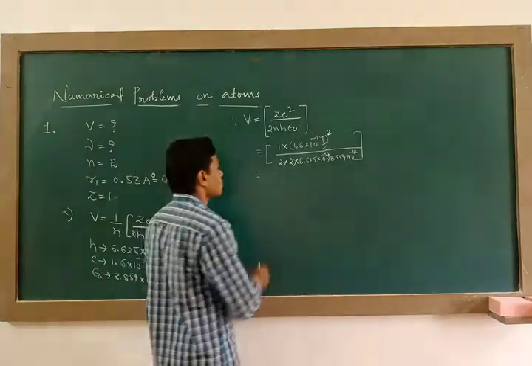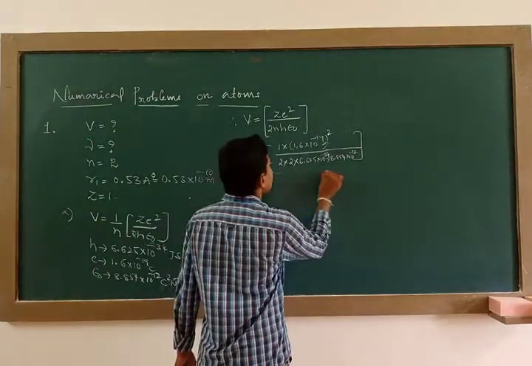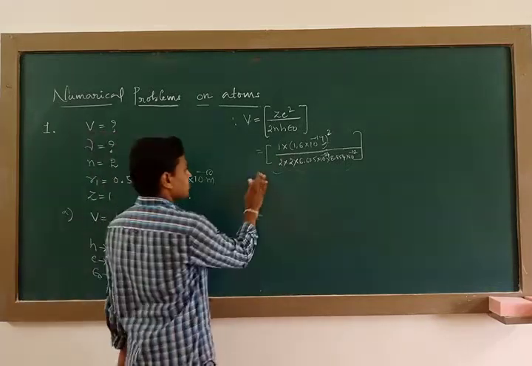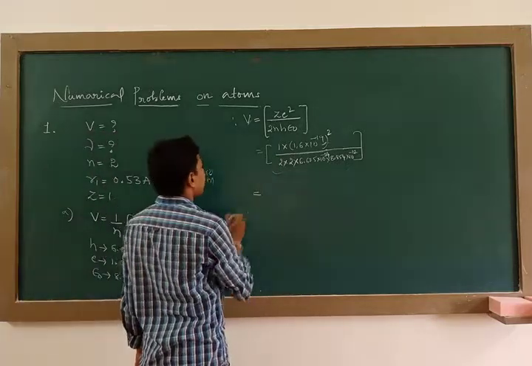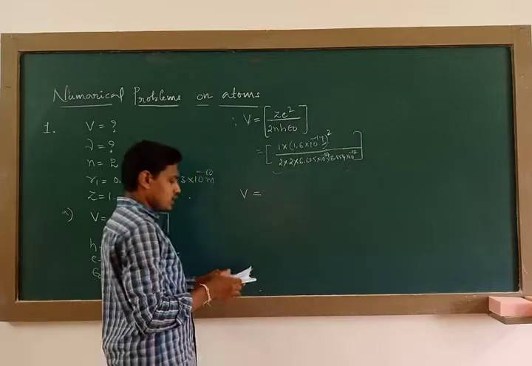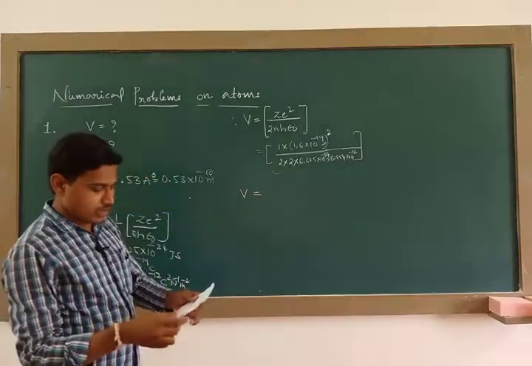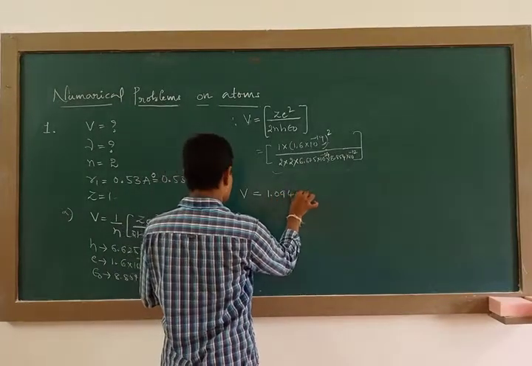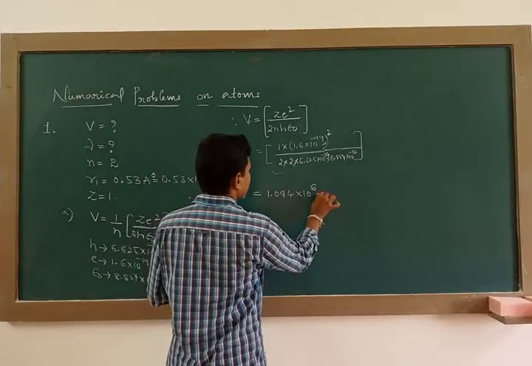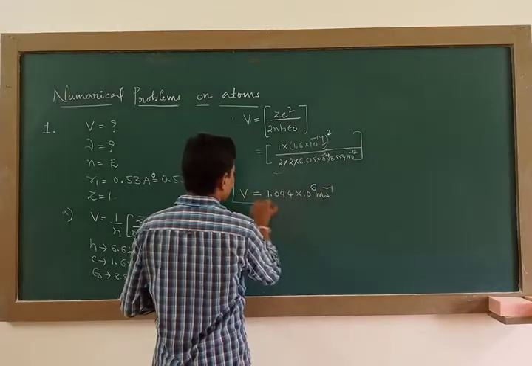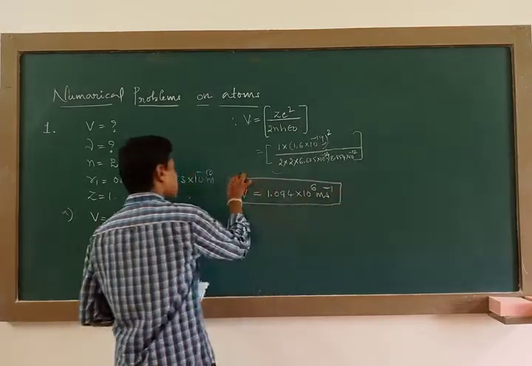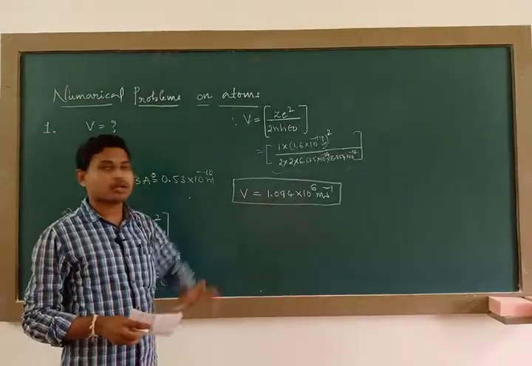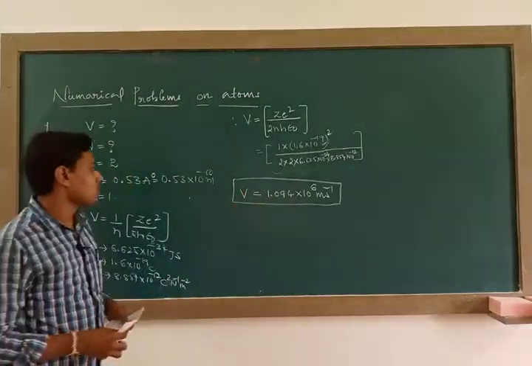Simplify the powers of the numerator as well as the denominator, and for the final answer, after simplification, V is 1.094 into 10 raised to 6 meter per second. Very simple to find. Just check whether you get the value 1.094 into 10 raised to 6 meter per second or not.